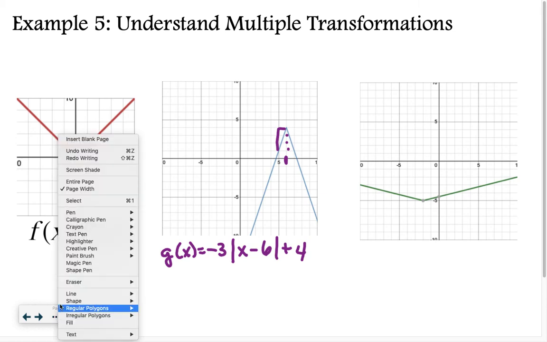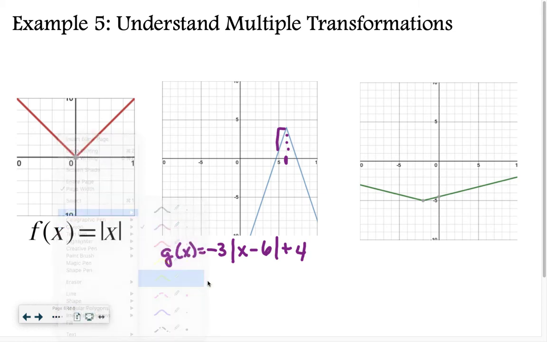Let's try it with another one, because I know it can sometimes just take some practice. So this one I'm just going to call h of x. It started opening upward. It's still opening upward, so there's no negative. But it does look like it's changed. By that, I mean it looks a lot flatter, right? So I'm going to go up 1 and then over 1, 2, 3, 4. That's my slope. So I have a 1/4, and it's positive because it's still opening upwards.